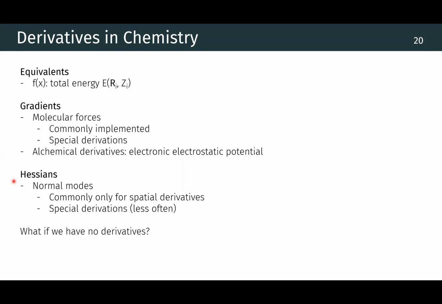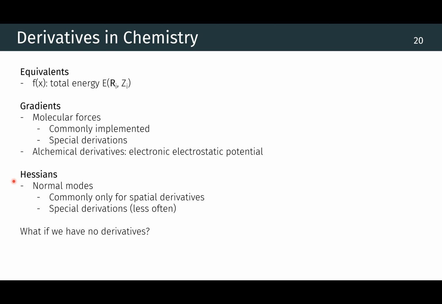And you still can derive them analytically for many QM methods, although that's done less often than for gradients alone. And many QM codes can also calculate that for you. In fact, in one of the later exercises, the one on matrix operations, you will calculate the normal modes and the vibrational frequencies yourself.